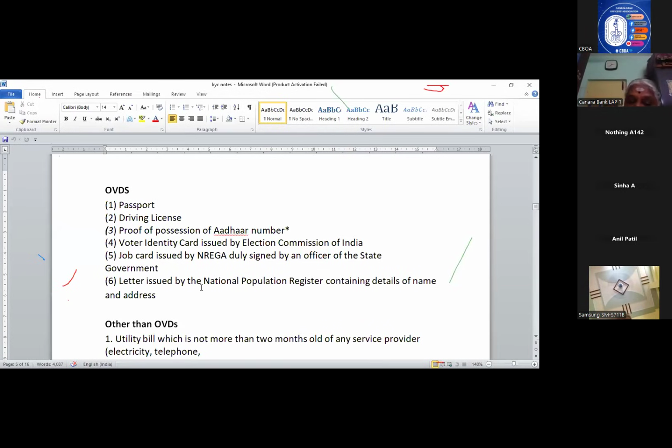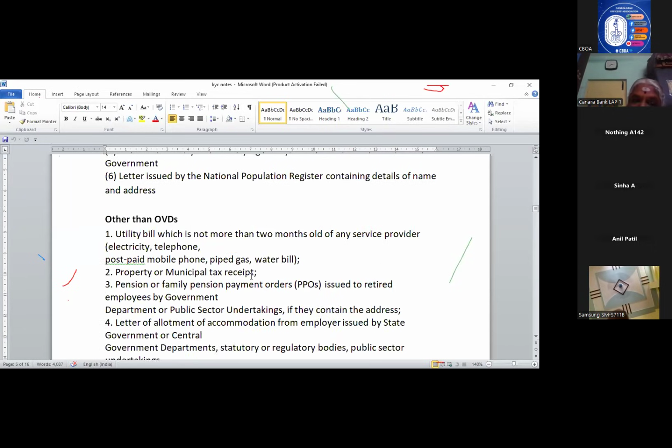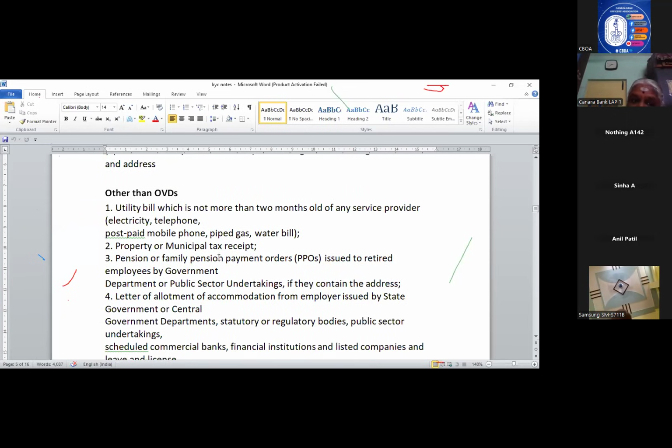Okay, if they don't have any of these documents, then what is the other possibility? We cannot return any customer without opening an account. So whenever they come, we should ask whether they have these. If they say that these documents are not there, then we can ask for other documents, and this has some restrictions.